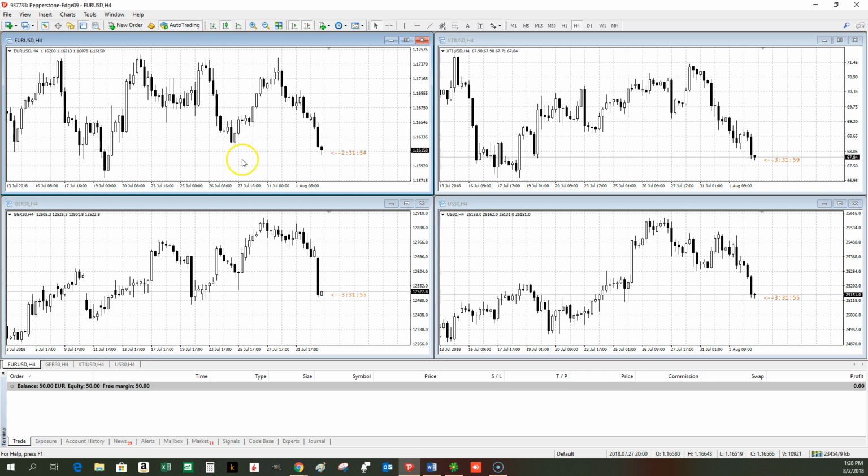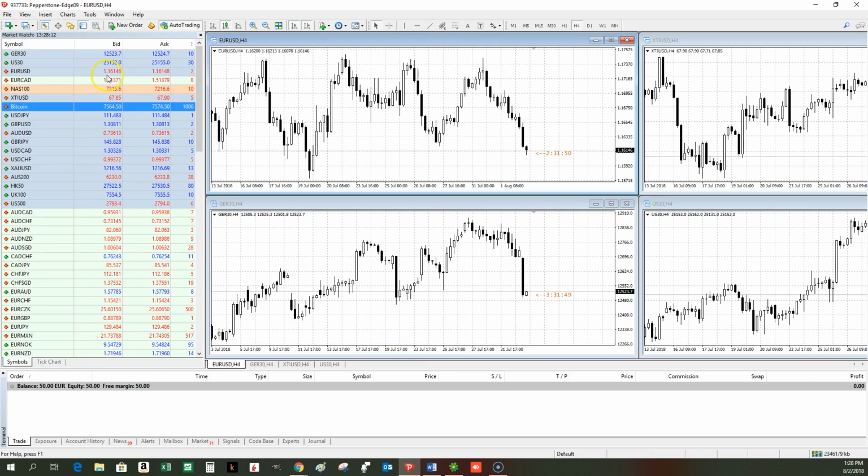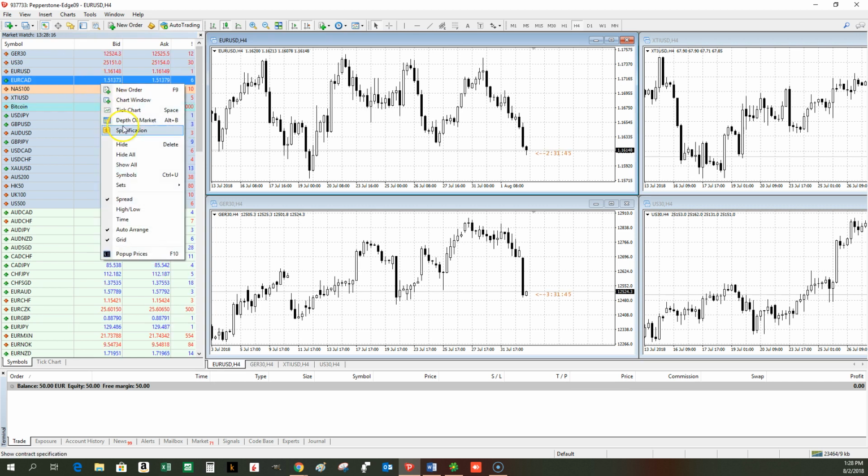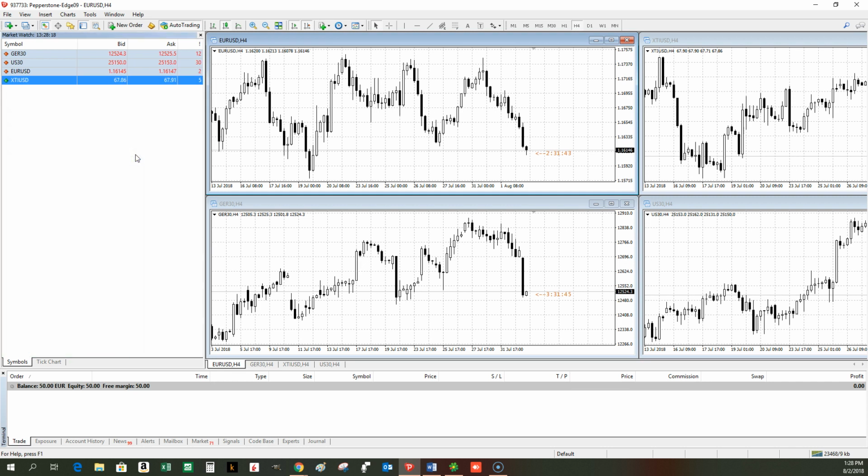I want to show you what's going on with the spread on this platform. So I'm going to hide every asset to check. These spreads are actually micro pips. On the DAX we have 12 micro pips.